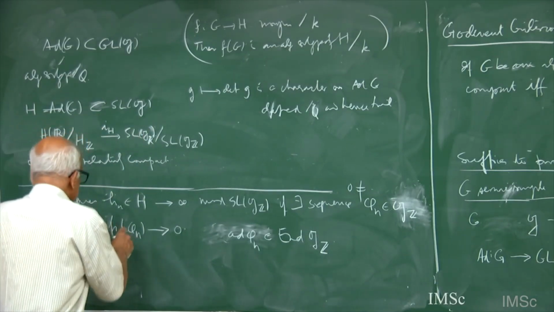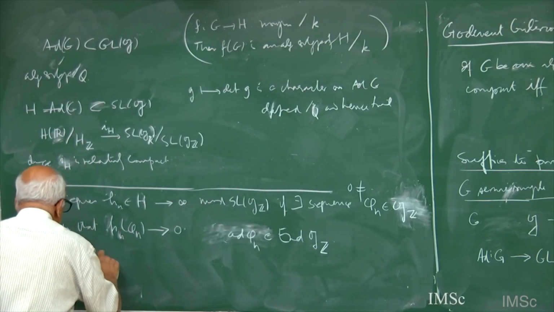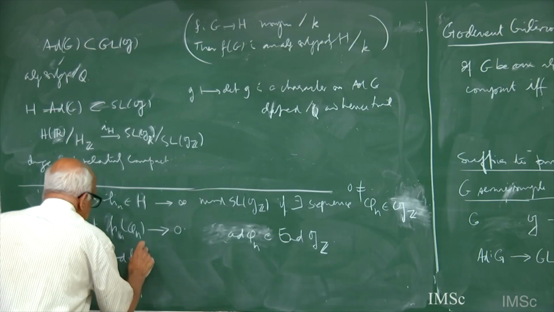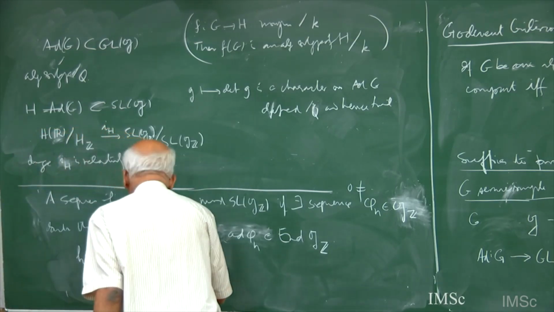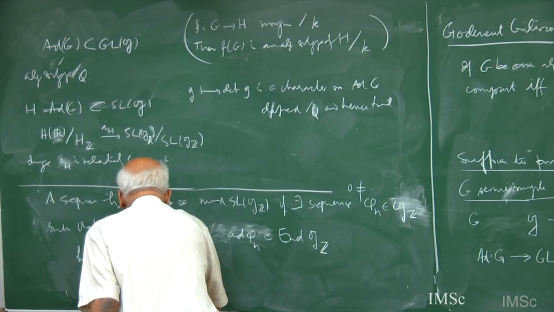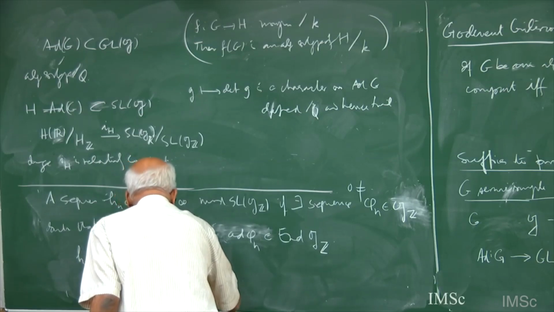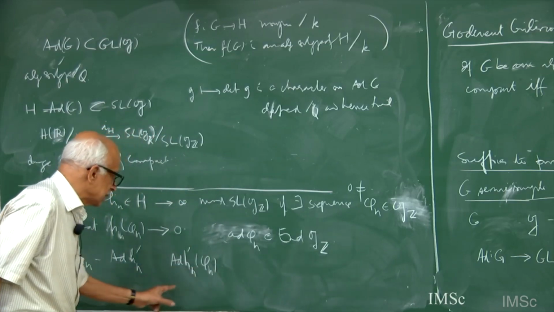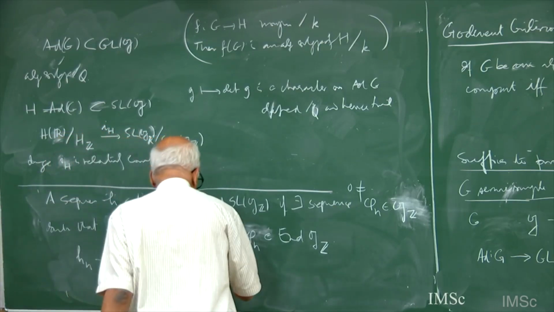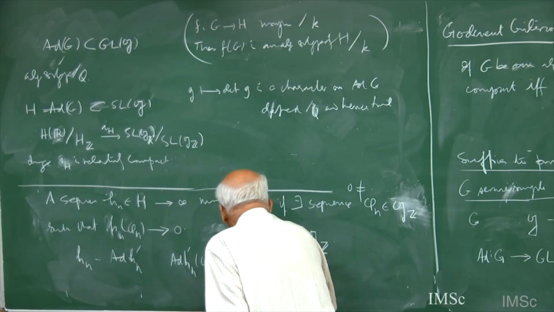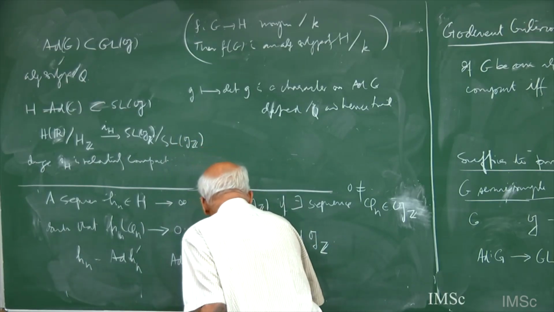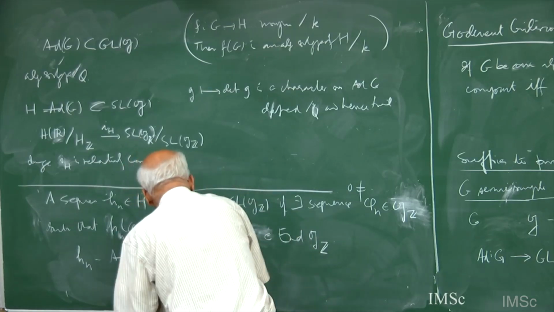That means Hn actually is Ad of something, Ad of Hn prime, which means therefore what happens is this. How does Ad Hn prime operate on phi n? Think of Ad Hn prime as an endomorphism. In fact, I don't have to go through this.